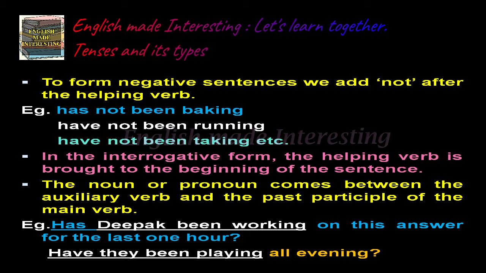The noun or pronoun comes between the auxiliary verb and the past participle of the main verb. Now look at the example. Has Deepak been working on this answer for the last 1 hour? Have they been playing all evening?